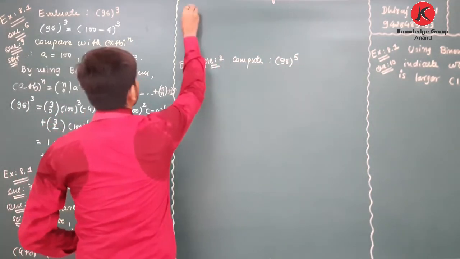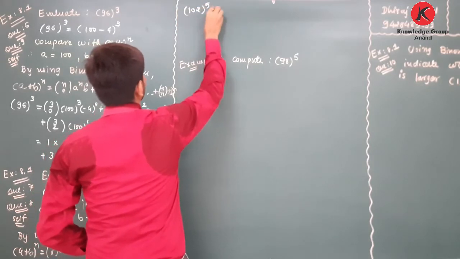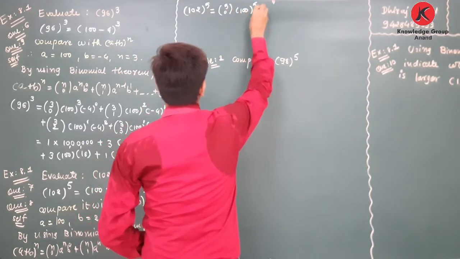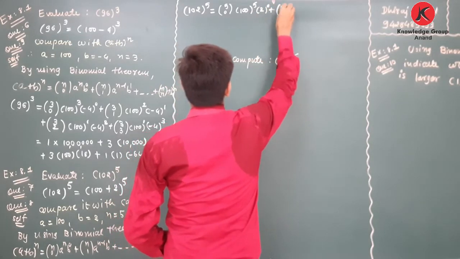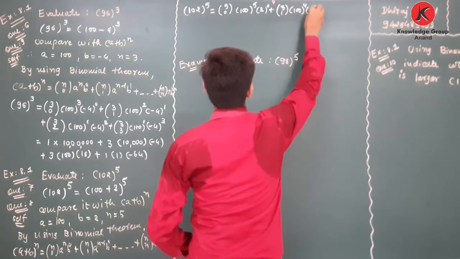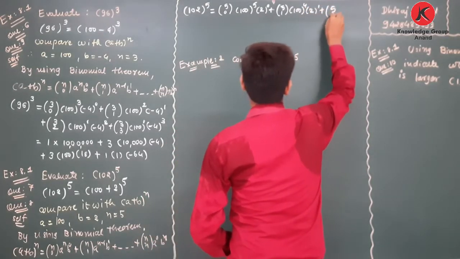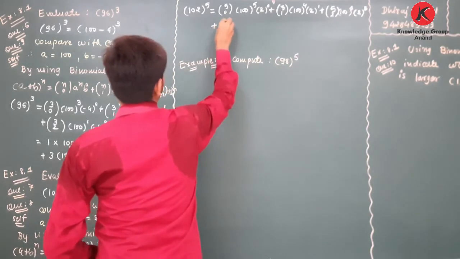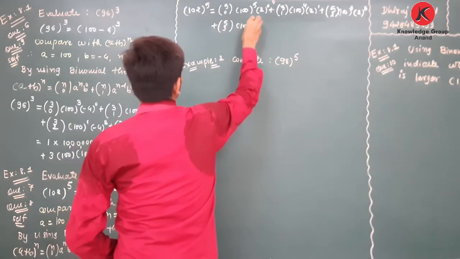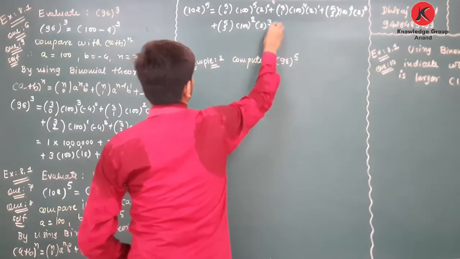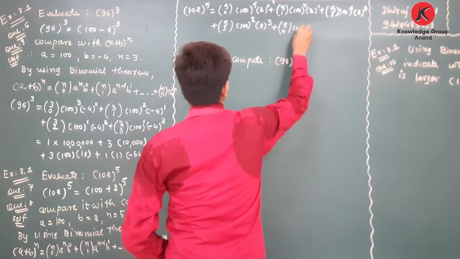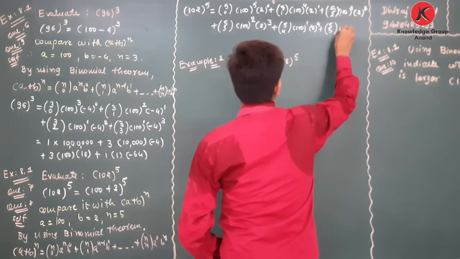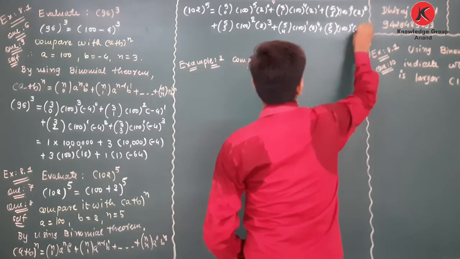Therefore I am getting (102) raised to 5 equals 5C0 100 raised to 5, 2 raised to 0, plus 5C1 100 raised to 4, 2 raised to 1, plus 5C2 100 raised to 3 into 2 raised to 2, plus 5C3 100 raised to 2 and 2 raised to 3, plus 5C4 100 raised to 1 and 2 raised to 4, plus 5C5 100 raised to 0 into 2 raised to 5.